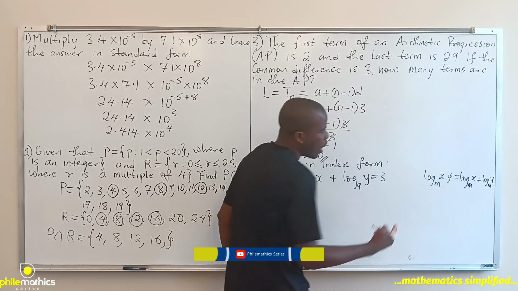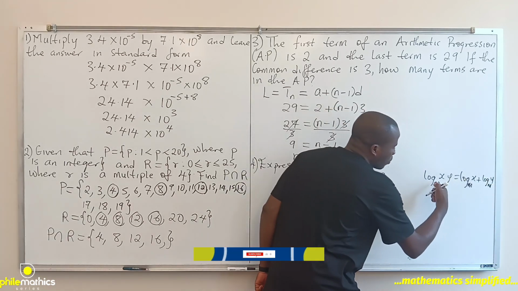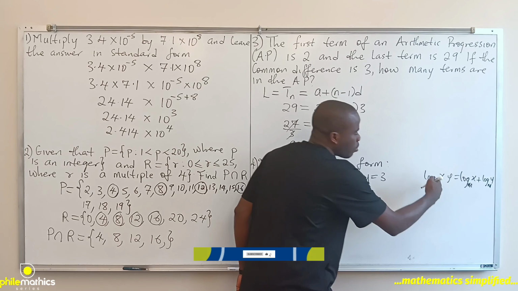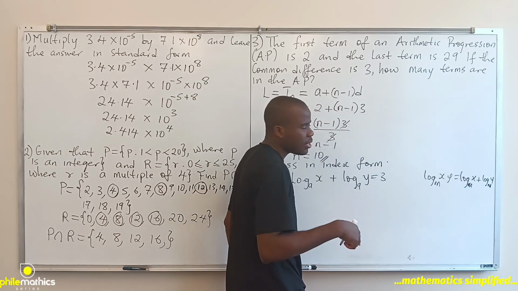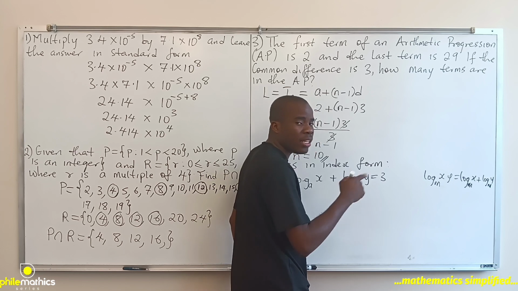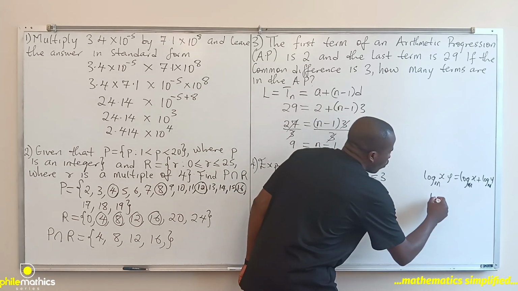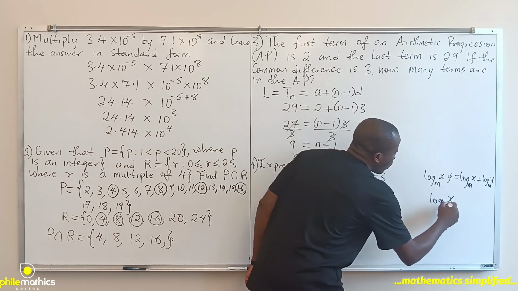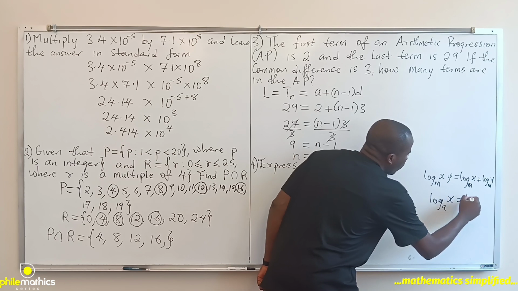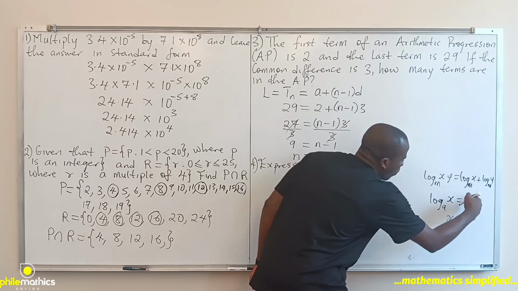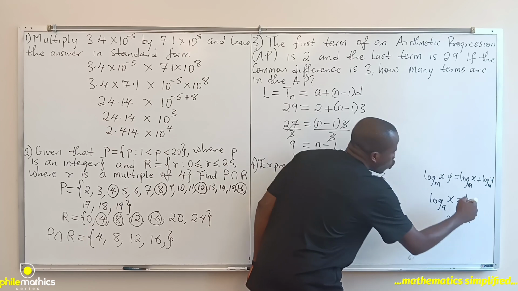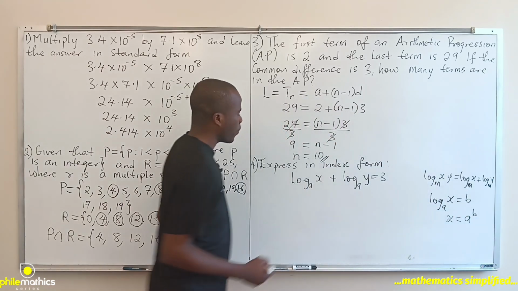And so you can easily go from the right to the left and from the left to the right. These are laws. And also for us to convert a logarithm to an index form, if we have log x to base a equals b, then x will be a to power b. So we'll be using these two laws here.